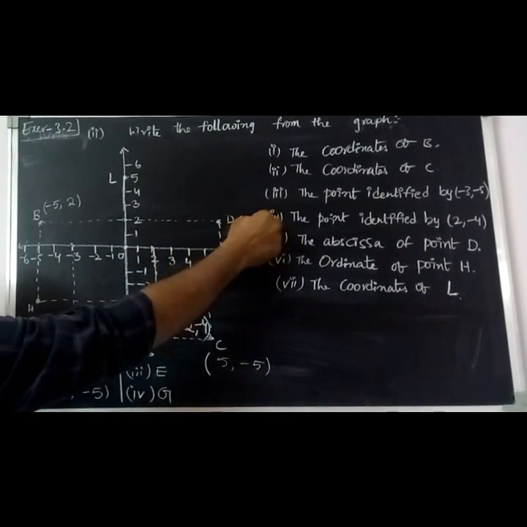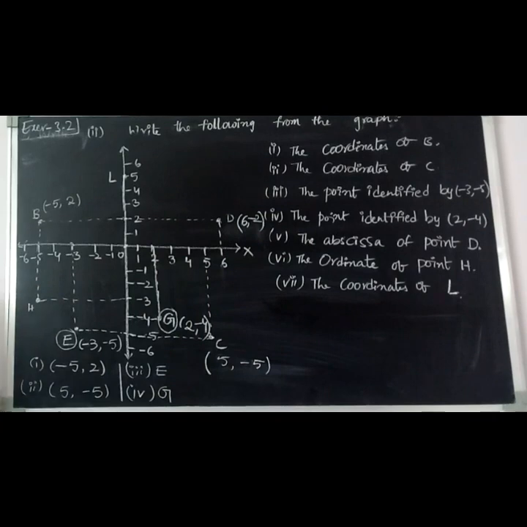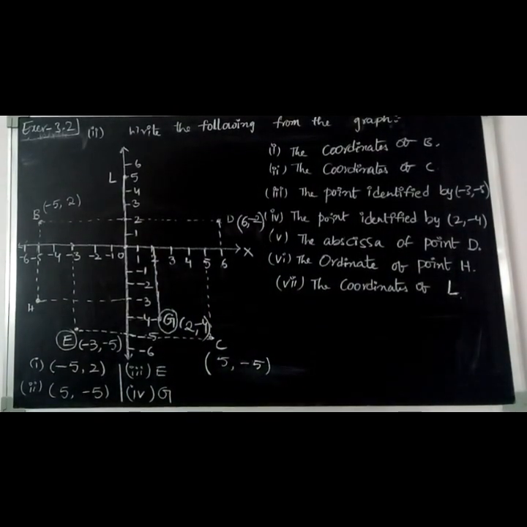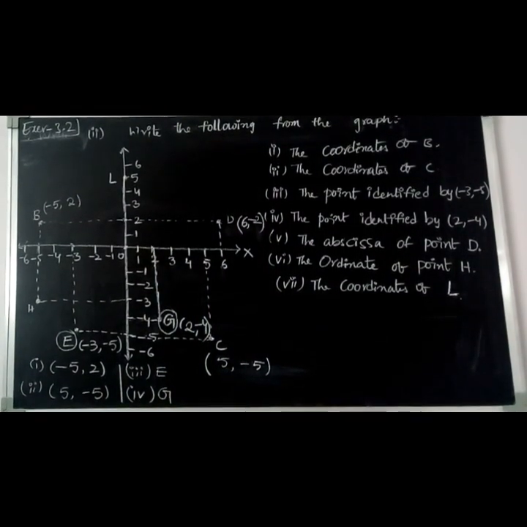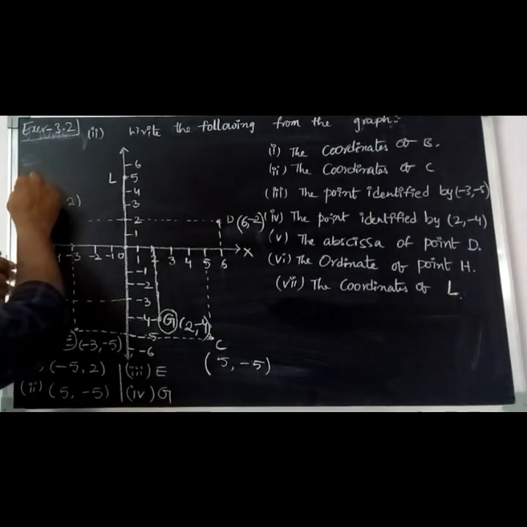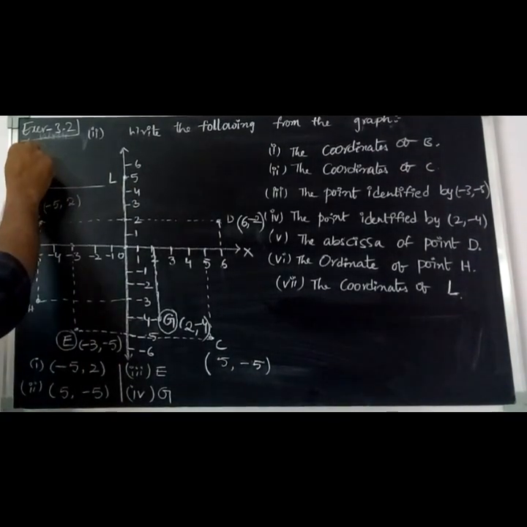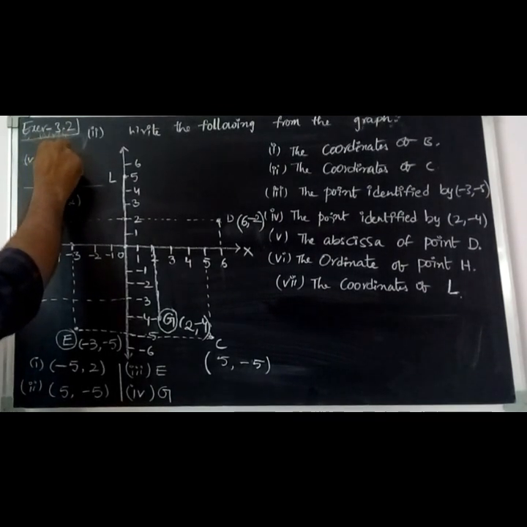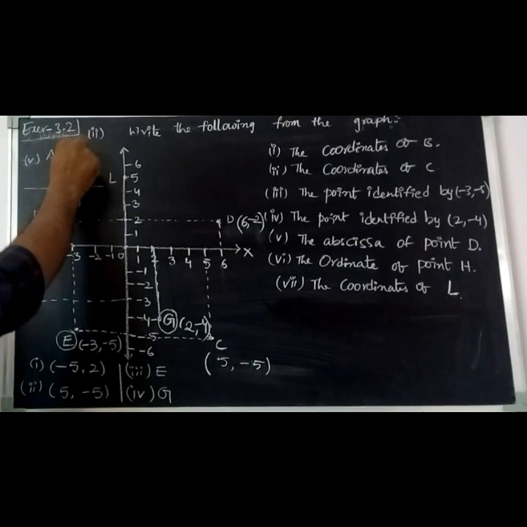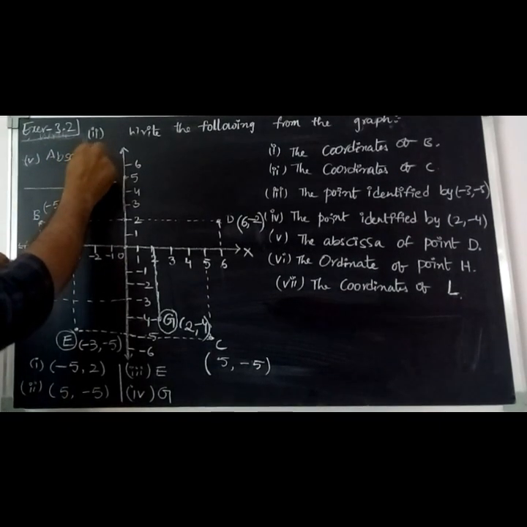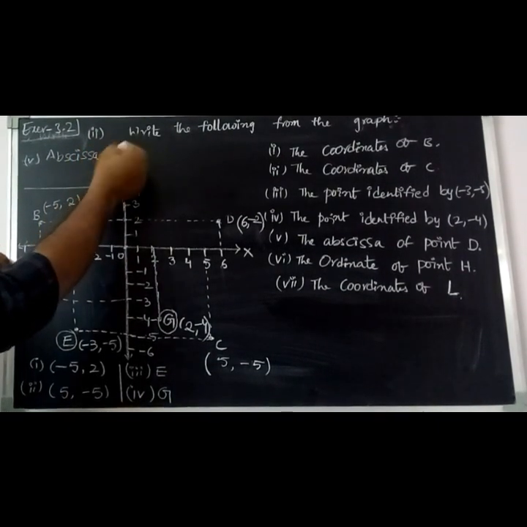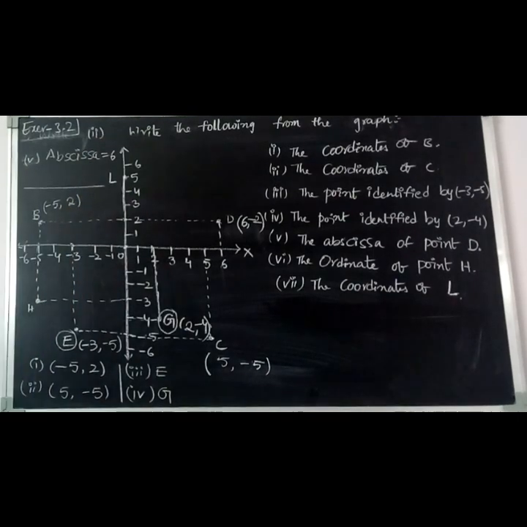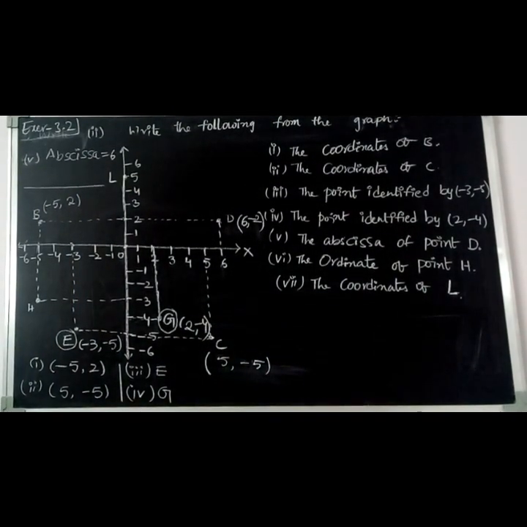So 6, comma minus 2. This is the point. So the x coordinate value is 6. We always call the x coordinate the abscissa. So the fifth answer is abscissa equal to 6.